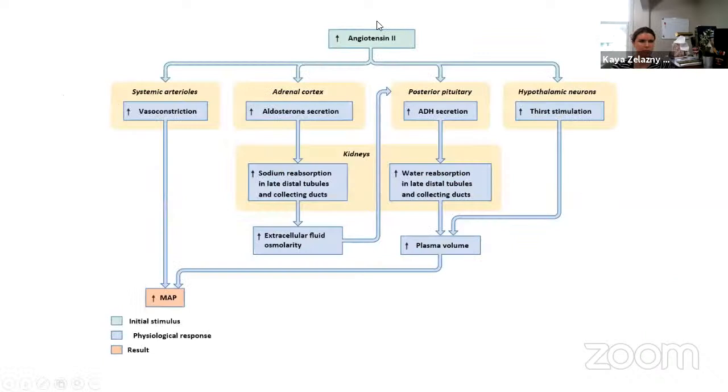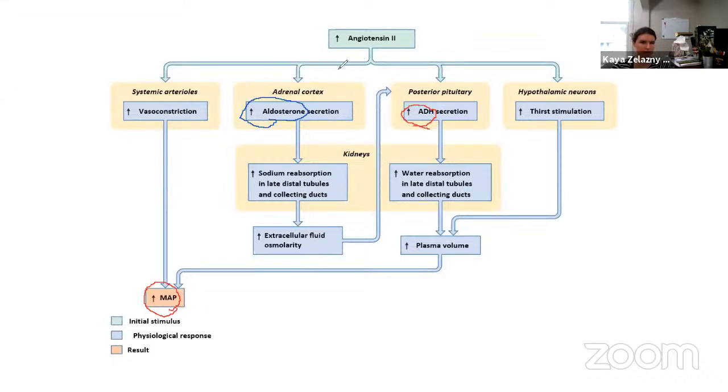And we saw that the reason we really care about this is that last step where we secrete aldosterone from the adrenal cortex. This is ultimately going to have an effect on our blood pressure, on our MAP, because it is going to trigger a pathway we've talked about previously, the secretion of ADH.